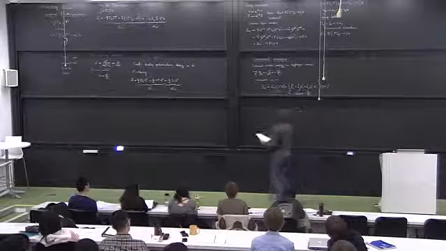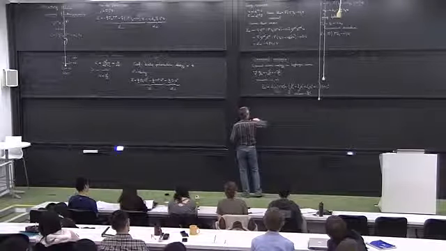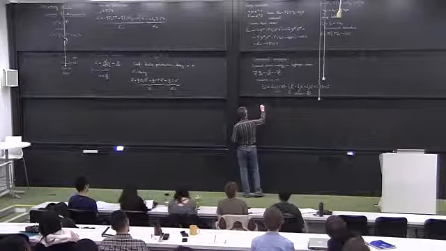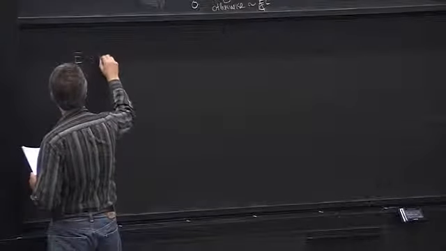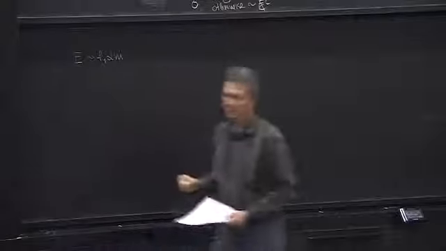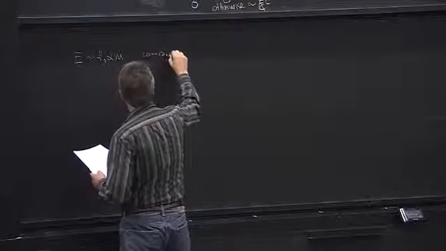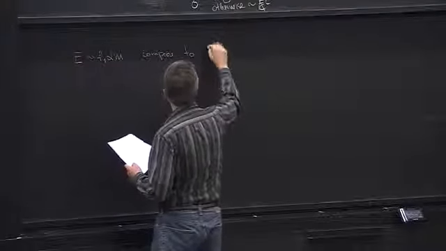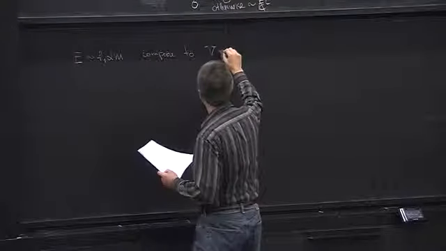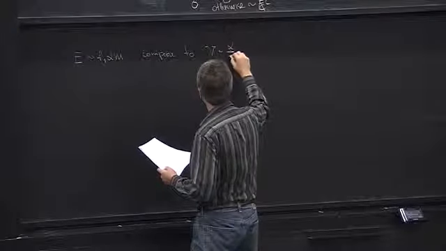One way to see it is to compare the energy. Assume that the energy is something like F1 alpha m, and compare it to the potential energy, which is alpha divided by R.